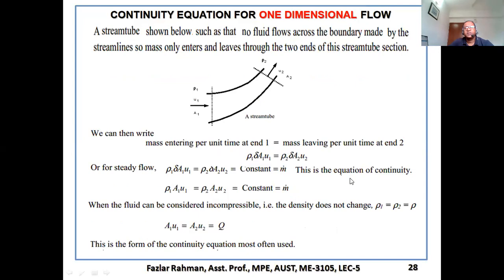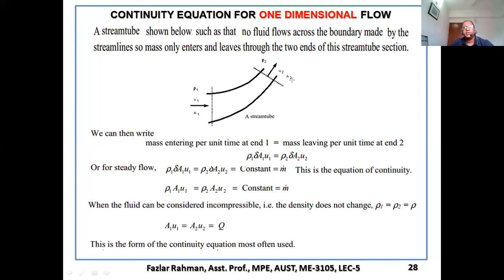So let's derive the continuity equation for two-dimensional flow. Say there is a pipeline and fluid entering at section A1 and leaving through section 2.